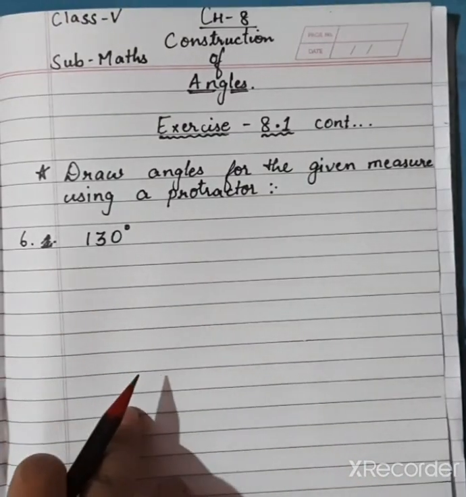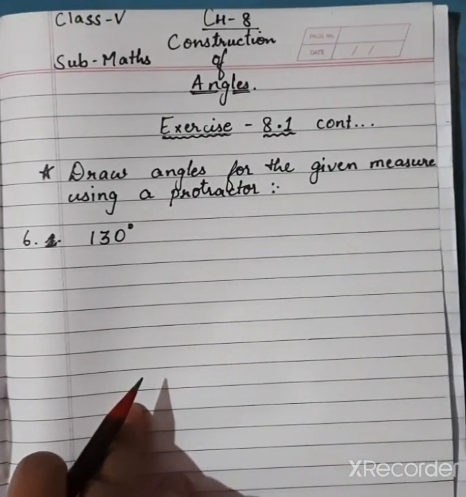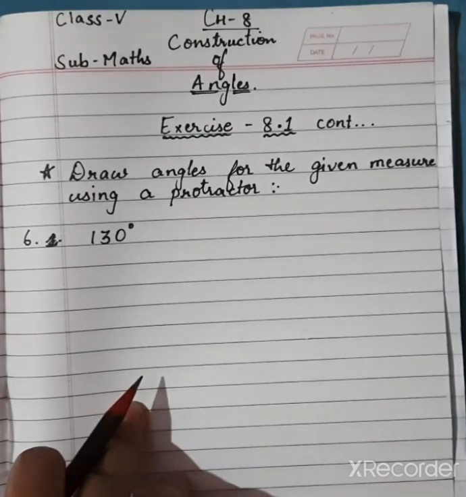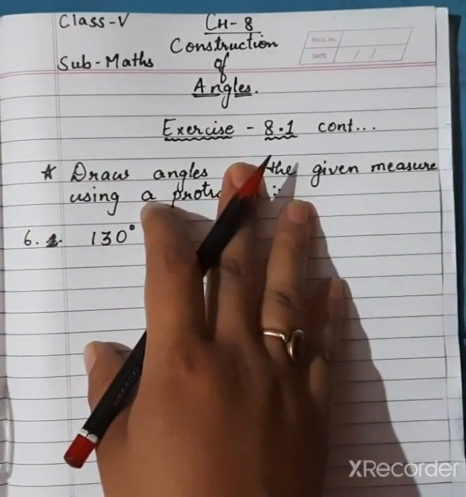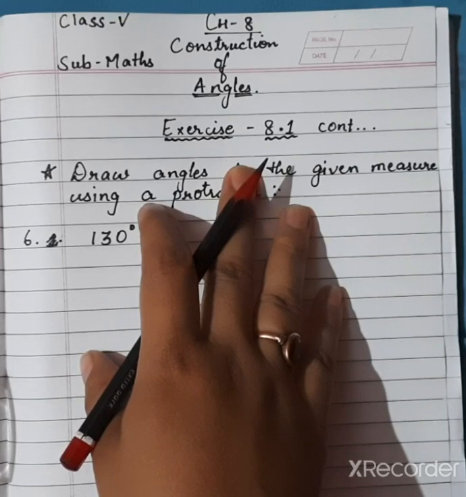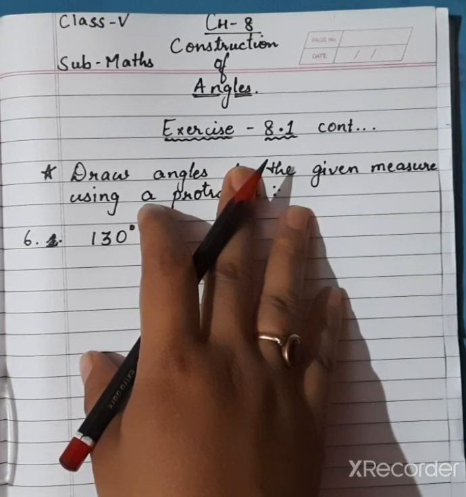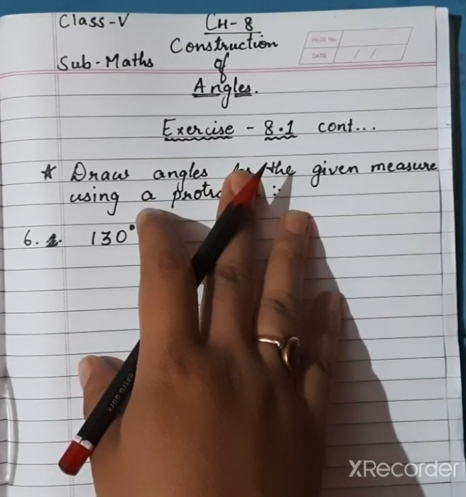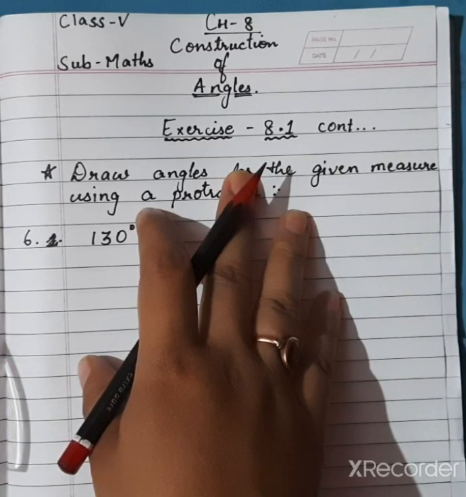Good morning, students. Today we have reached the last part of this chapter, construction of angles. In our previous video, we saw how to construct angles using a protractor as well as a rounder. But I have told you to draw with the protractor only.